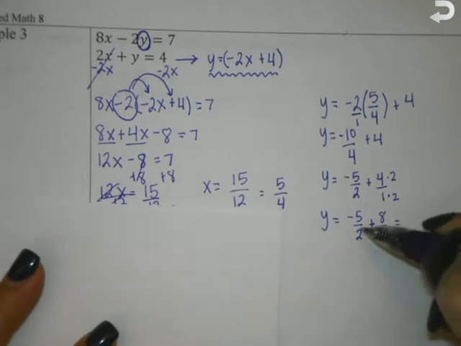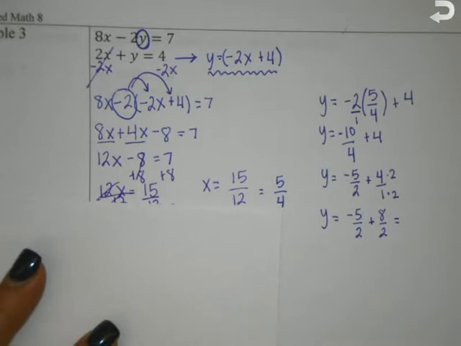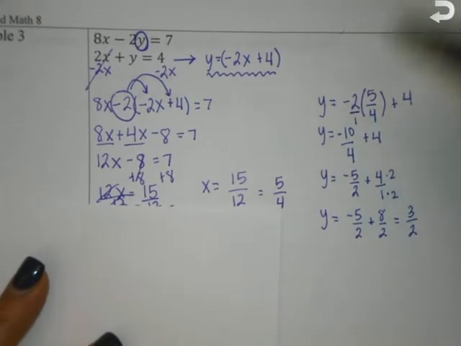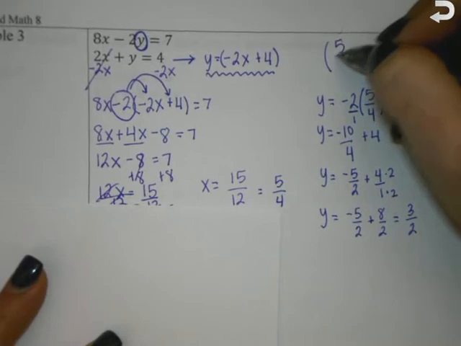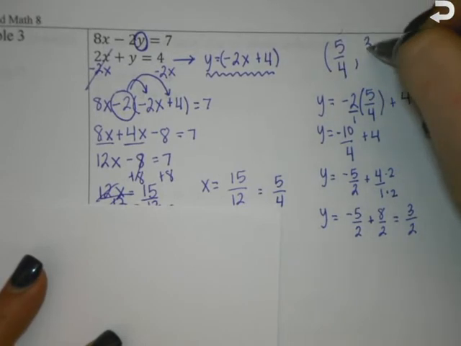And what's negative 5 over 2 plus 8 over 2? Positive 3 over 2. So we ended up with x equals 5 over 4, y equals 3 over 2.